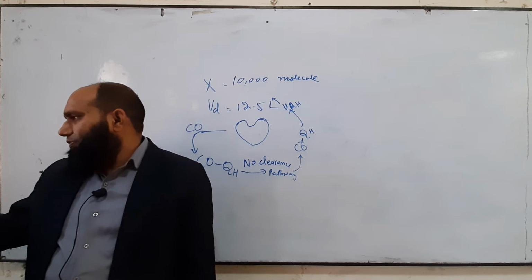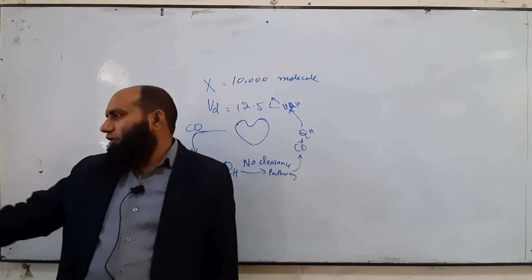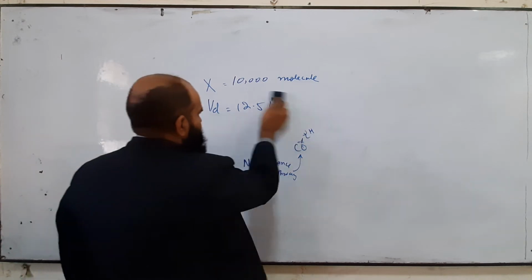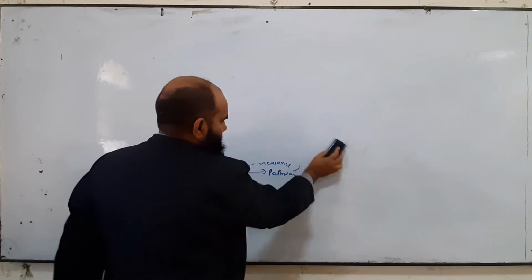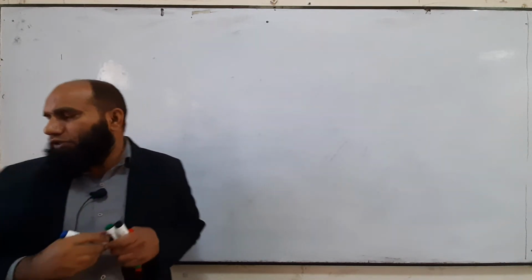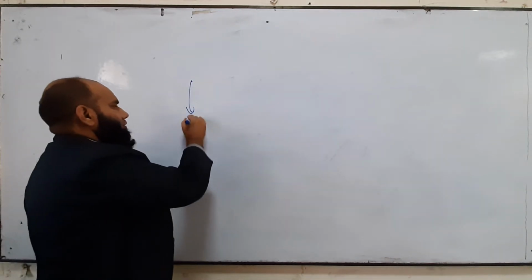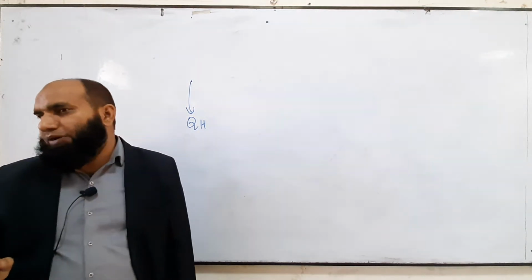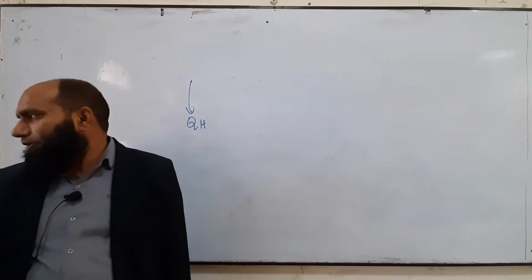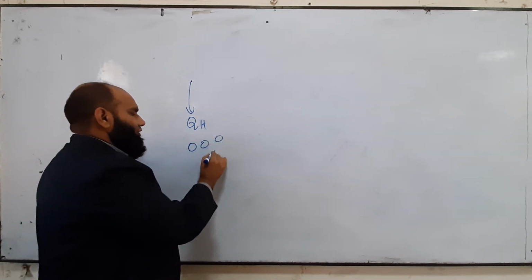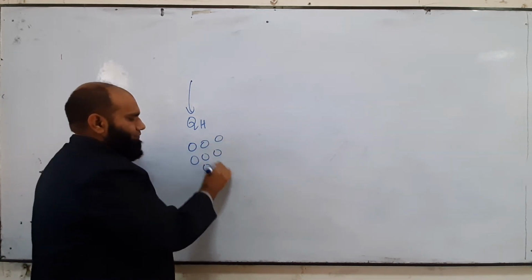Okay, another concept, in which we are assuming that the drug is approaching the liver. QH is the flow rate of the drug towards the hepatic system, and for example, now we have 10 molecules.